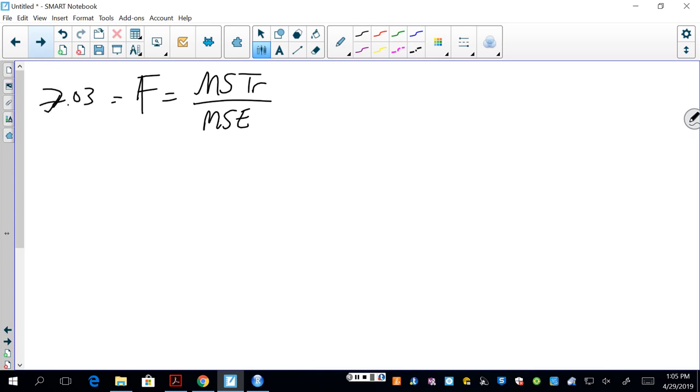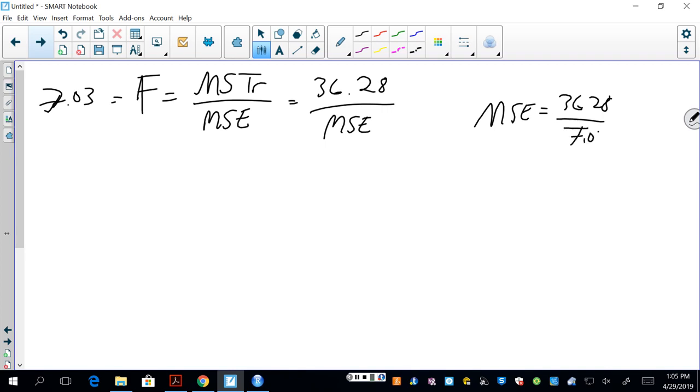So the F is 7.03, and this mean square treatment is 36.28. We could solve for the mean square error, right? So then the mean square error has to be 36.28 multiplied, put it up here, divided by 7.03.